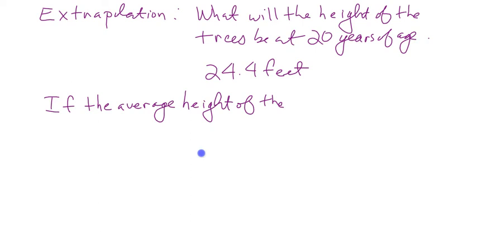What's a number that really wasn't in the table? Well, actually 10 wasn't, but let's go with 14. Yeah, 14 sounds good. If the average height of the tree is 14 feet, then how old is the tree?